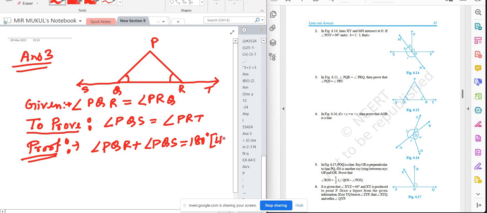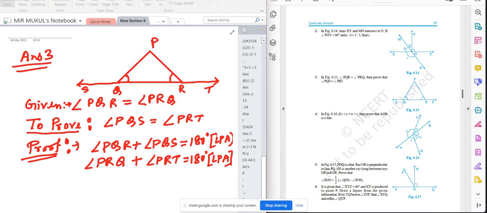Reason: linear pair axiom. Again angle PRQ plus angle PRT also 180 degree. This is also linear pair axiom.